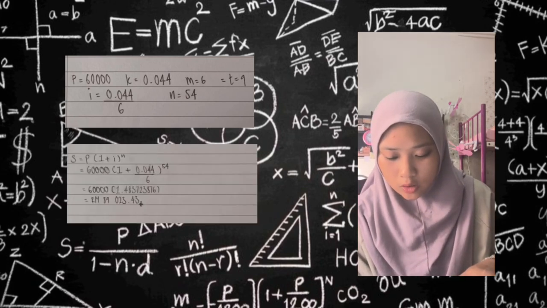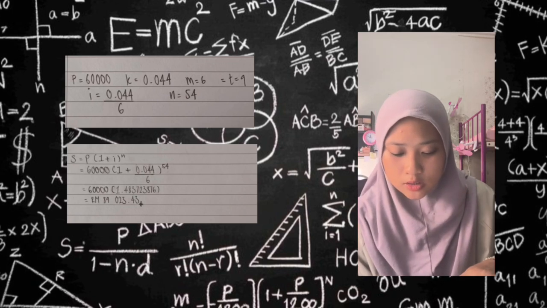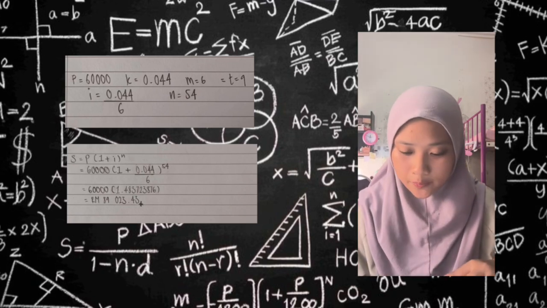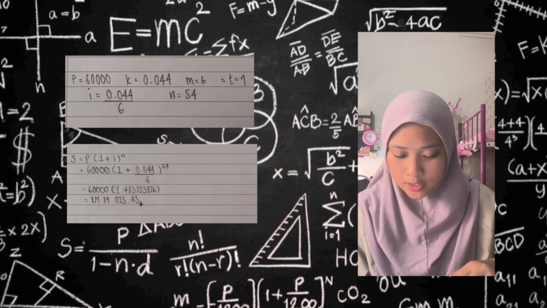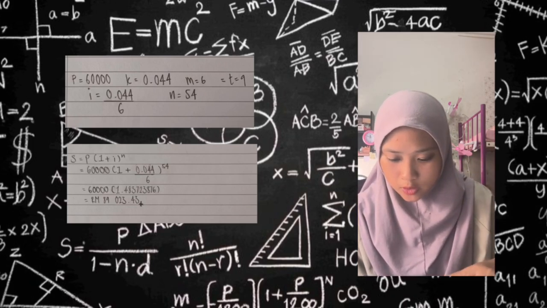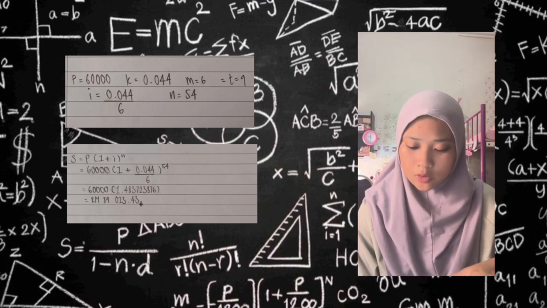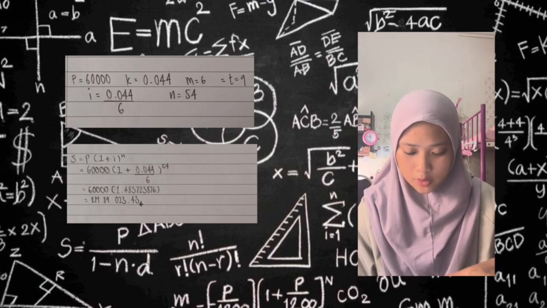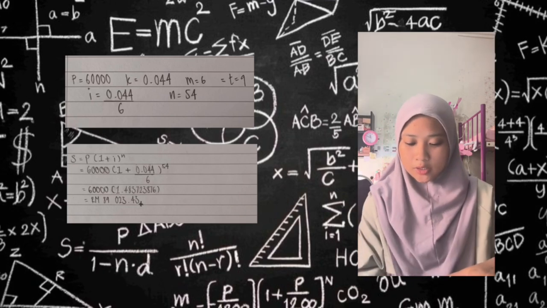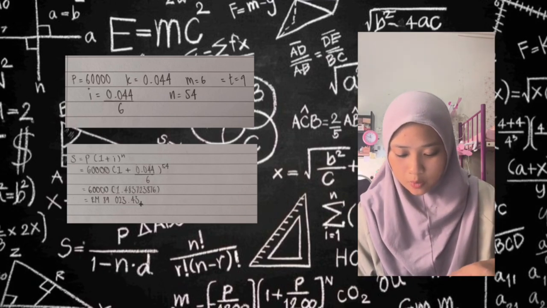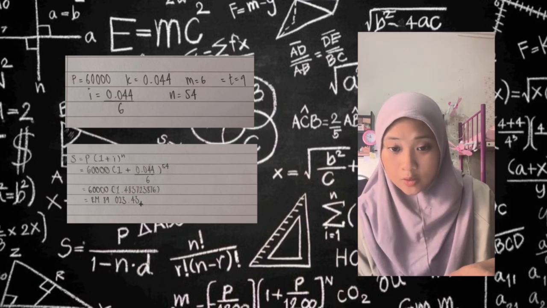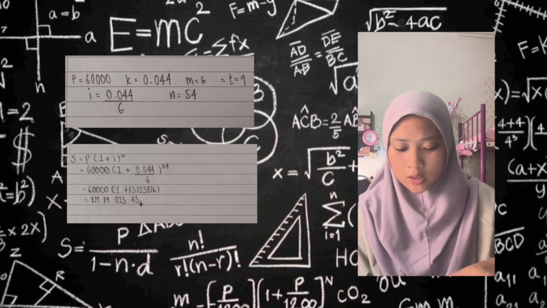And then for MHA Bank, P equals 60,000, K equals 0.044, M equals 6, T equals 9, I equals 0.044 per 6, and N equals 54. And then the same formula, S equals P bracket 1 plus I power n. You put the number 60,000, 1 plus 0.044 per 6 power 54, and put it in your calculator. You will get 1.48372386, and then multiply it with 60,000.